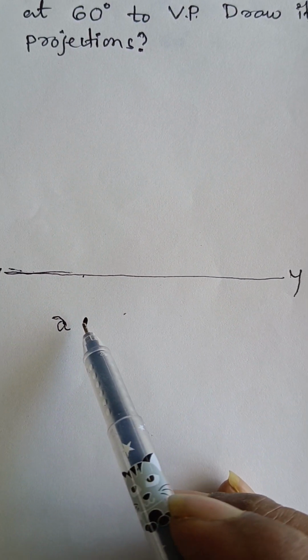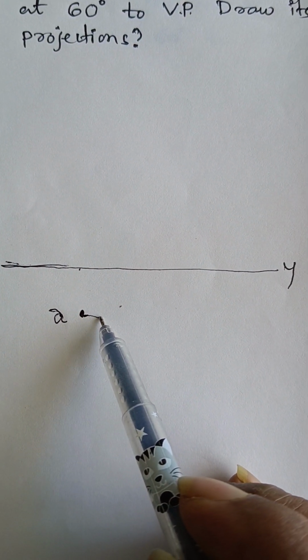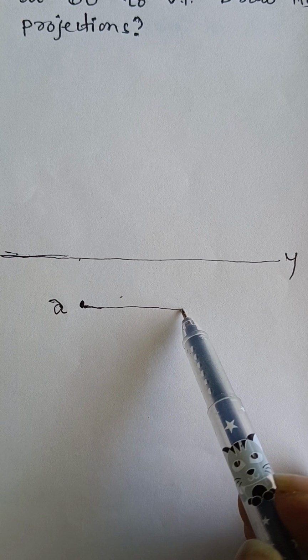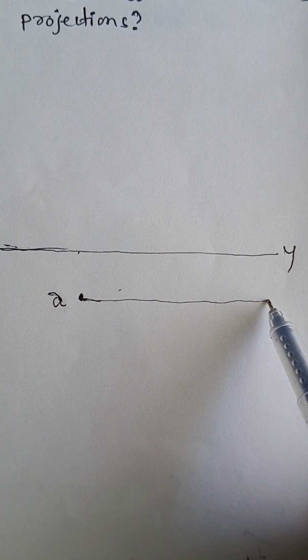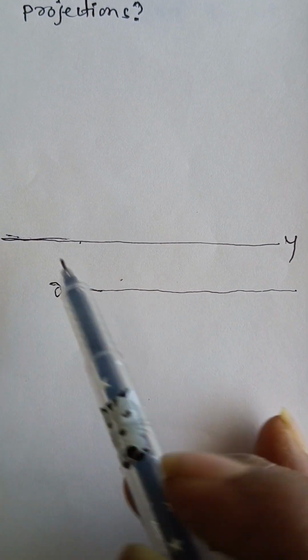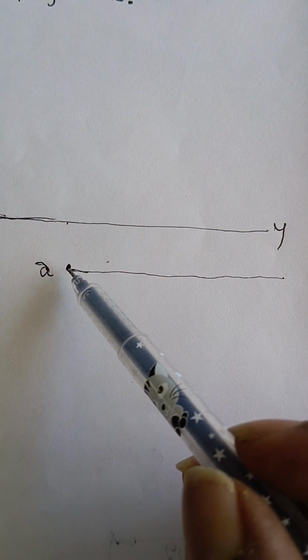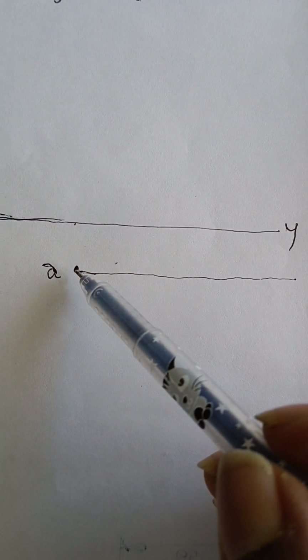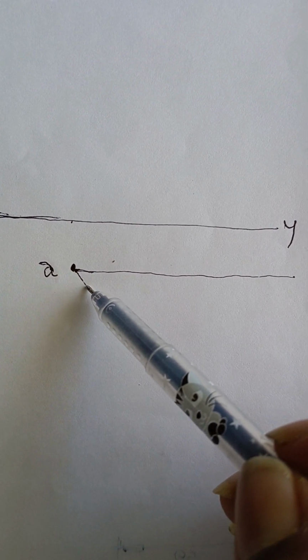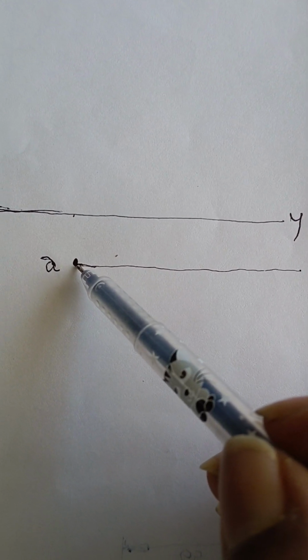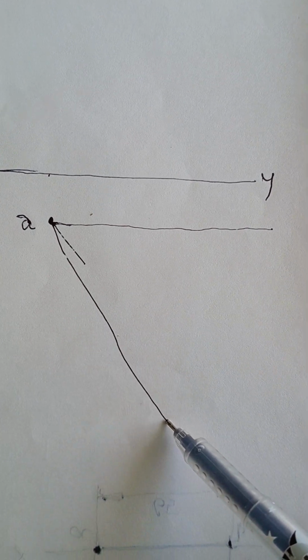From this point you need to draw a light line that should be parallel with the XY reference line. About this light line from A, you need to draw a 60 degrees inclined line, like in this fashion.